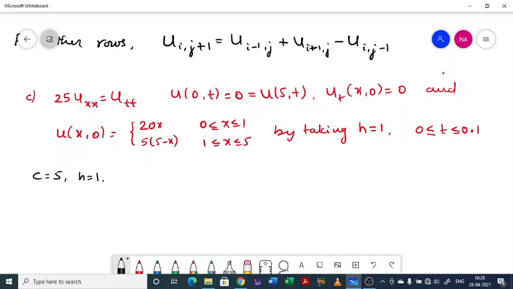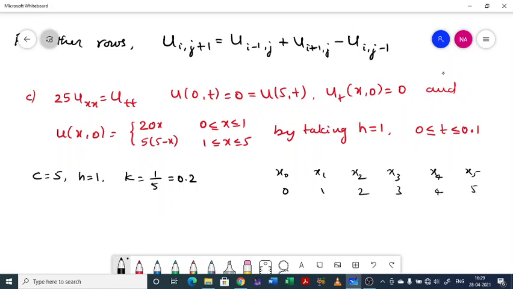K is 1 by 5, that is 0.2. Then x varies from 0 to 5, so we will be having x naught, x1, x2, x3, x4, x5: 0, 1, 2, 3, 4, 5.